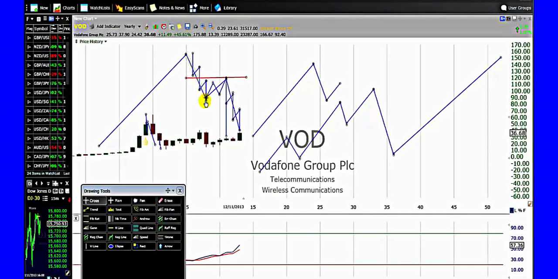As the A and B parts of the zigzag are completed and the stock goes down to form the C part, sometimes, repeat, sometimes the C, C for Charlie, can bring the price below its book value or below its fair value. As long-term investors who know the true value of the stock see that the stock is below its fair value, they will start buying again, provided that the company is innovating, has an excellent product, and is making money. They will buy.